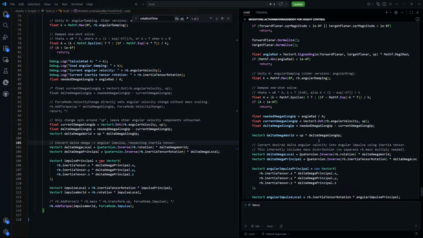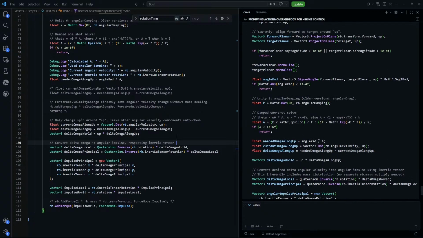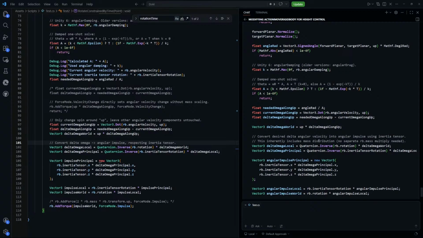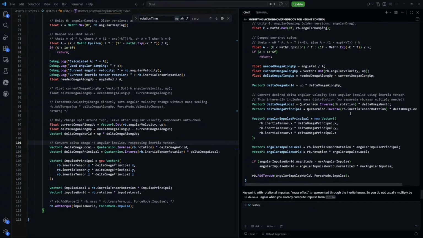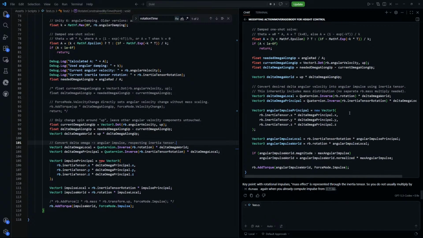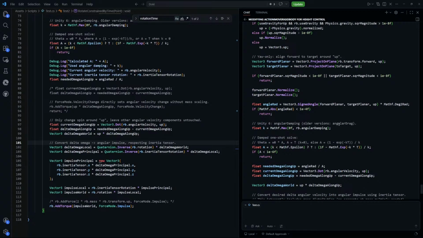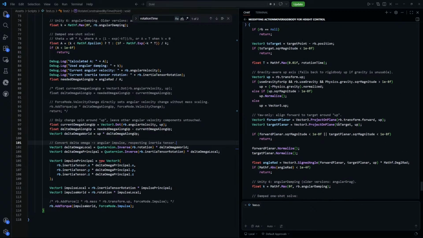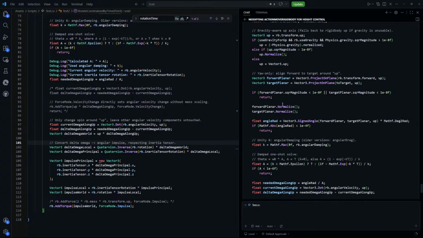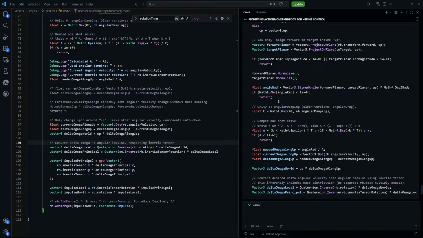It's pretty much exactly what we have. Okay, so what do we change with gravity? Okay, we just use gravity as up. Yeah, I don't know.